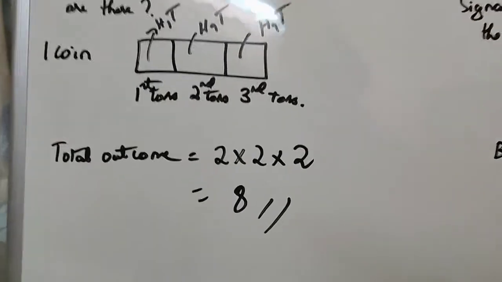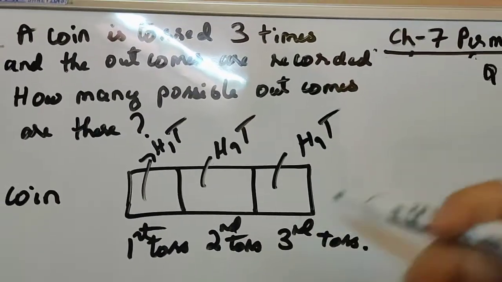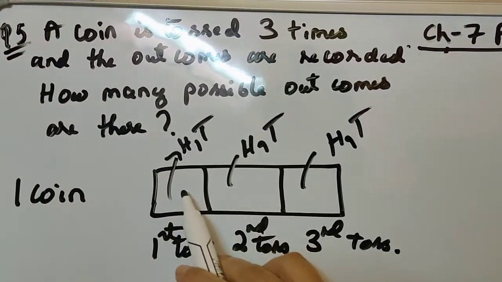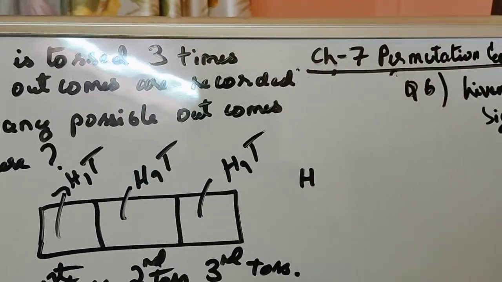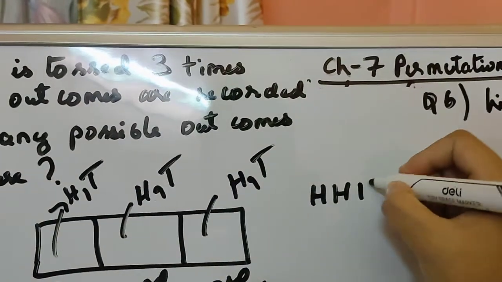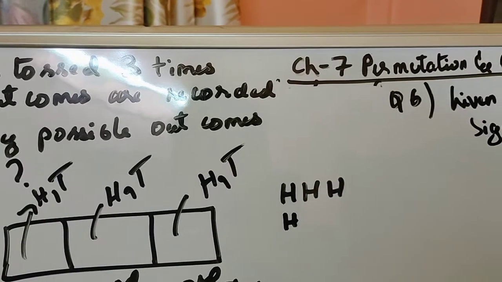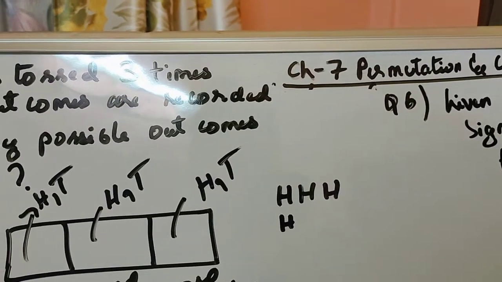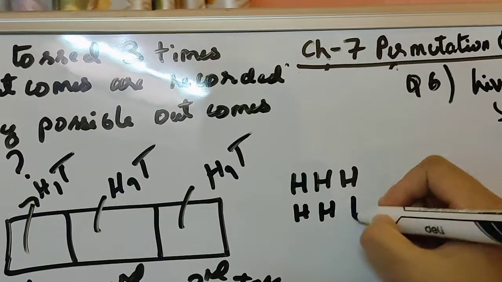8, how? When a coin is tossed 3 times, suppose in the first place you may get head, and in the second toss also you may get head, or in the third toss also you may get head, or you may get this type of arrangement also: head, head, or in the third time you may get tail.